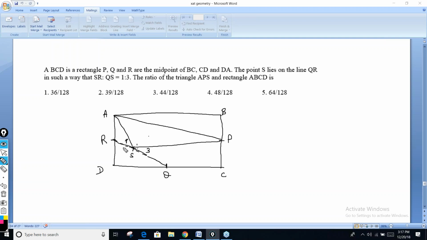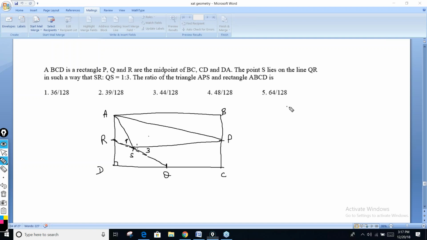So first in this question, that is very crucial, is how you assume values. Now, can I say this is a right angle triangle? This is a right angle triangle. So this is the hypotenuse, and choose the hypotenuse such that it becomes a multiple of 4, so that it is easy to divide in the ratio 1 is to 3.